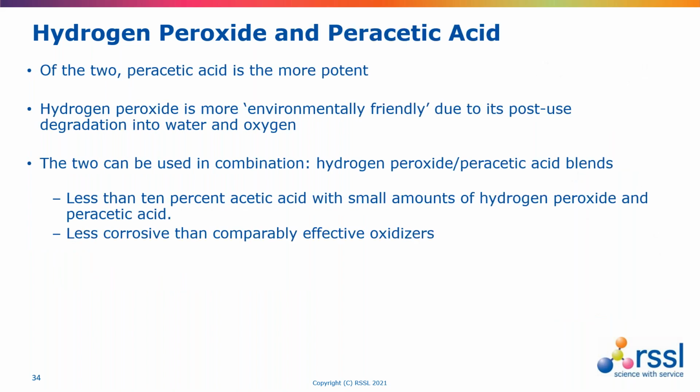And then there are blends of hydrogen peroxide and peracetic acid on the market, which attempt to get a more environmentally friendly approach, because they both break down into water and oxygen, and the synergy of the two is supposed to create quite an effective sporicide, as borne out from disinfectant efficacy studies.